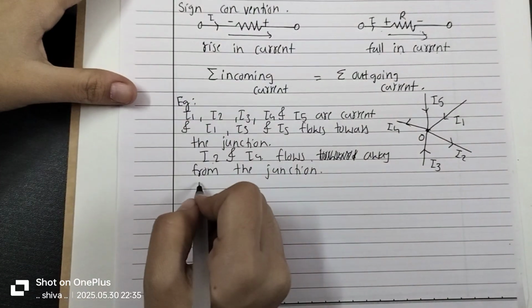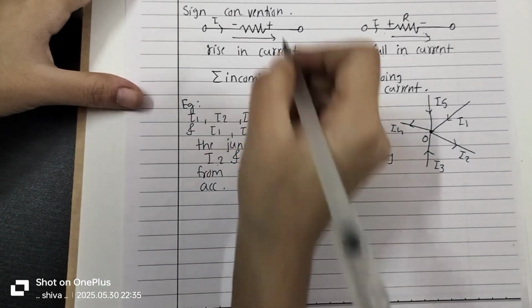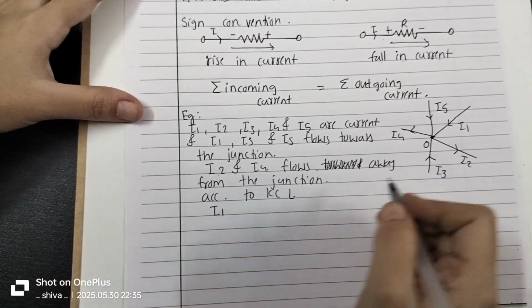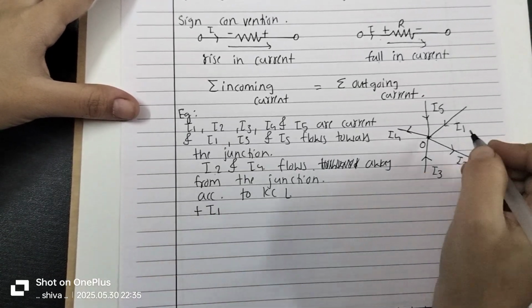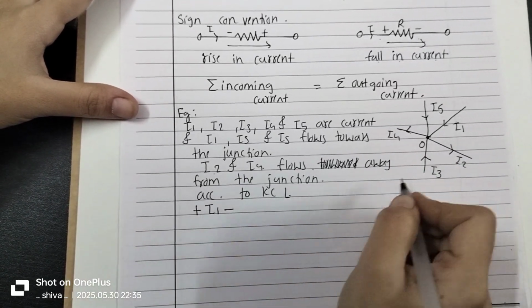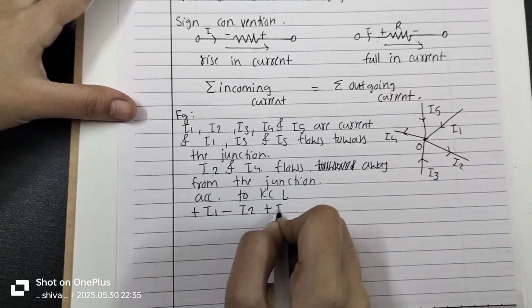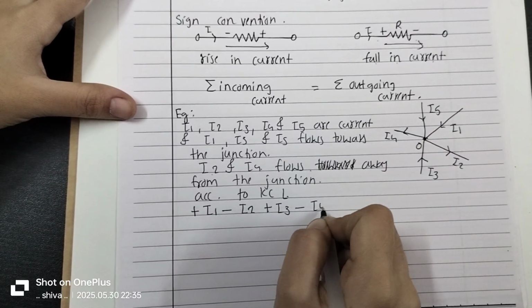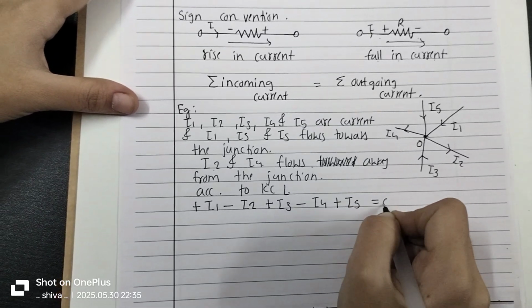According to KCL, I1 is incoming current, so it is positive; I2 is outgoing current, so it is negative; I3 is incoming; I4 is outgoing; and I5 is incoming; and the sum is equal to 0.